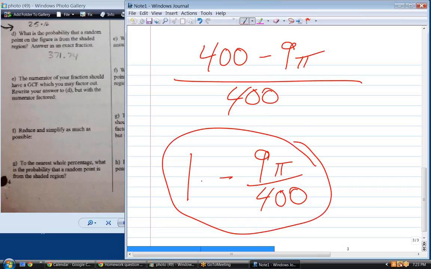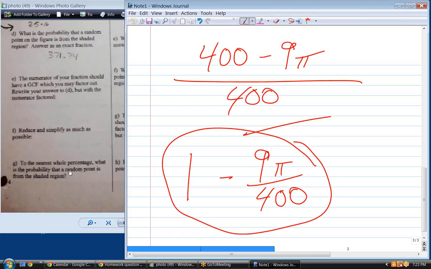You might want to put this as your answer to F. I would leave this as your answer to D. Same thing on E: reduce and simplify as much as possible. Presumably she means that. I don't know. Okay. I would write that just because it's the only thing we can really do here.